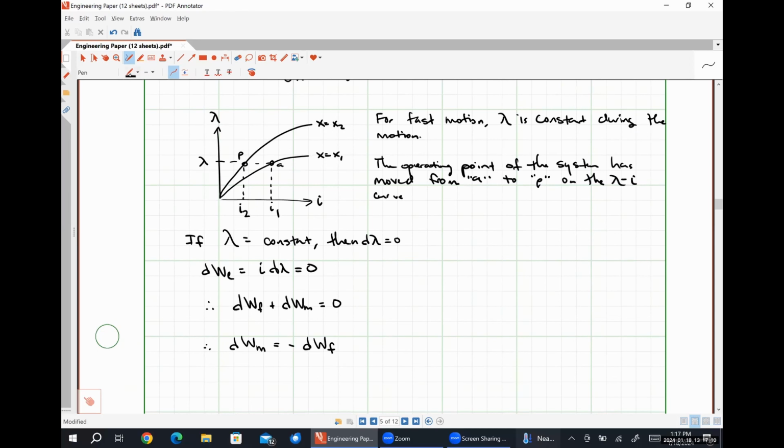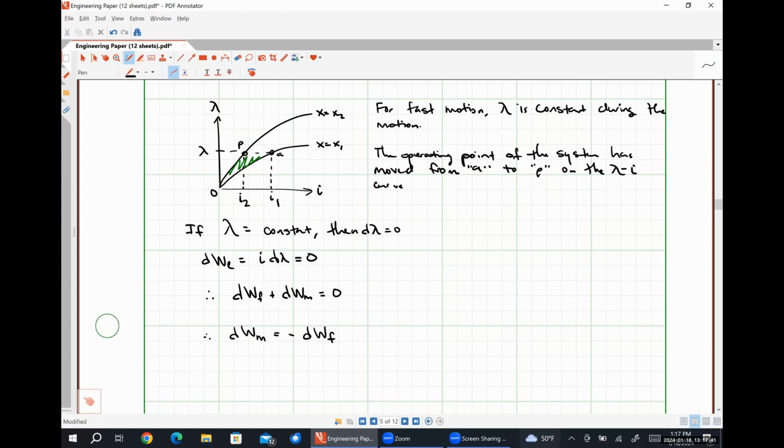So effectively, our mechanical energy here is this area that's shaded in from the origin 0 to A to P and back to the origin. And it represents a reduction in our field energy, which makes sense. If it's not the input energy that's causing the movement, then our stored energy has to decrease in order for the mechanical energy to increase. Okay.